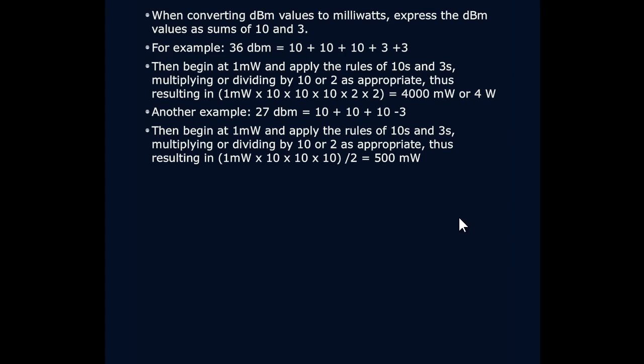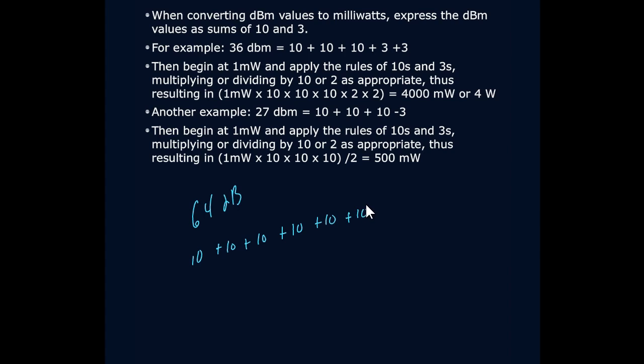Okay. How about we take a value like, do something really extreme here. How about 64 decibels? How many milliwatts does it take? Now, again, that's a big number. I'm going to see some large values here. So that's going to be equal to 10 plus 10 plus 10 plus 10 plus 10. 1, 2, 3, 4, 5.